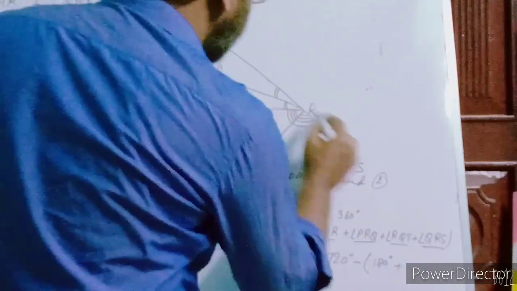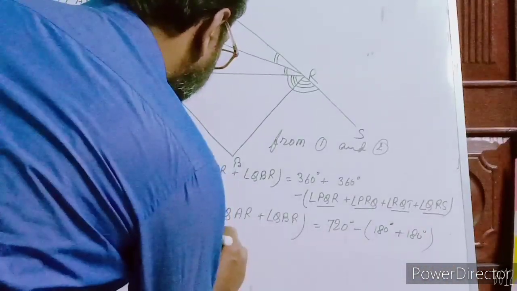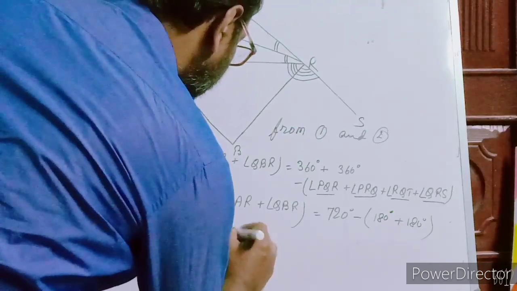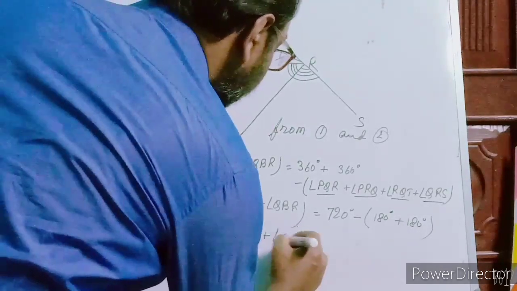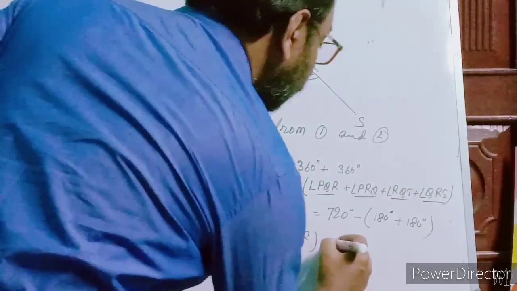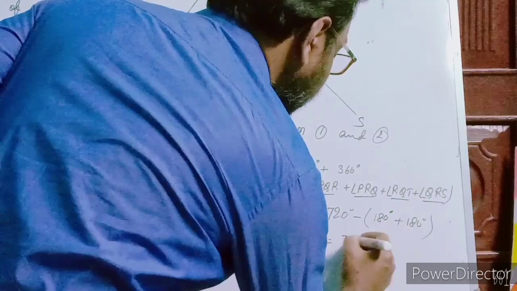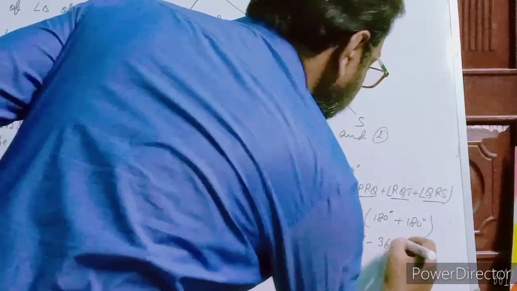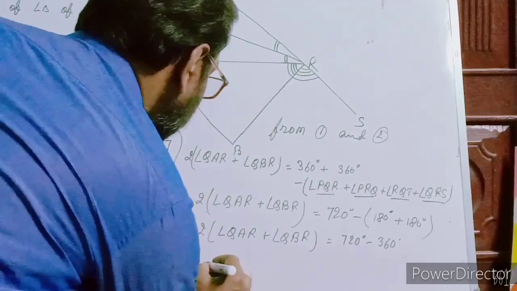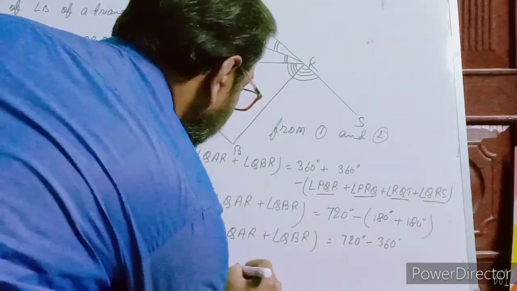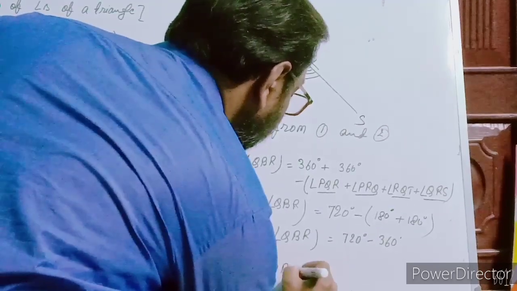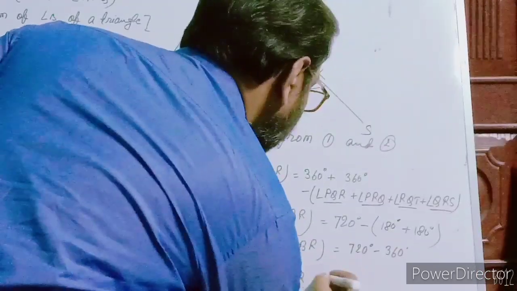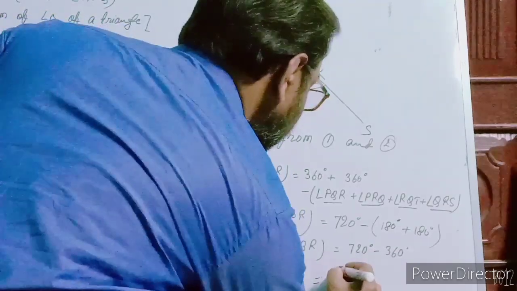PRQ and QRS, these two is also straight angle. So we are getting here twice of angle QAR plus angle QBR equal to 720 minus 360. Therefore, at last, angle QAR plus angle QBR equal to 720 minus 360 equal to 360, and by 2 it equal to 180 degree.